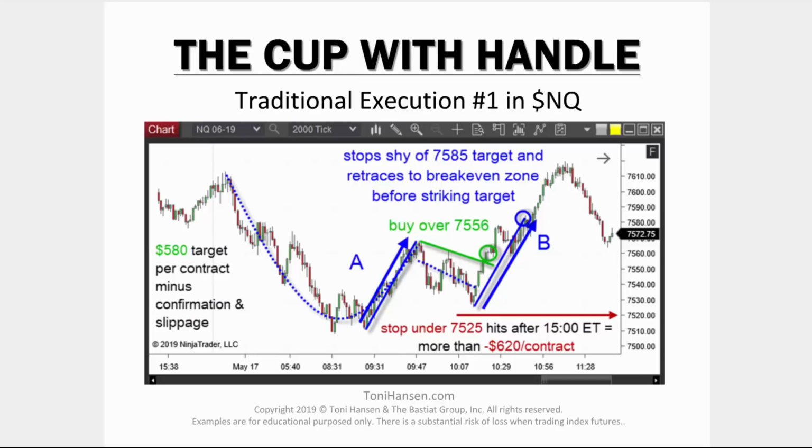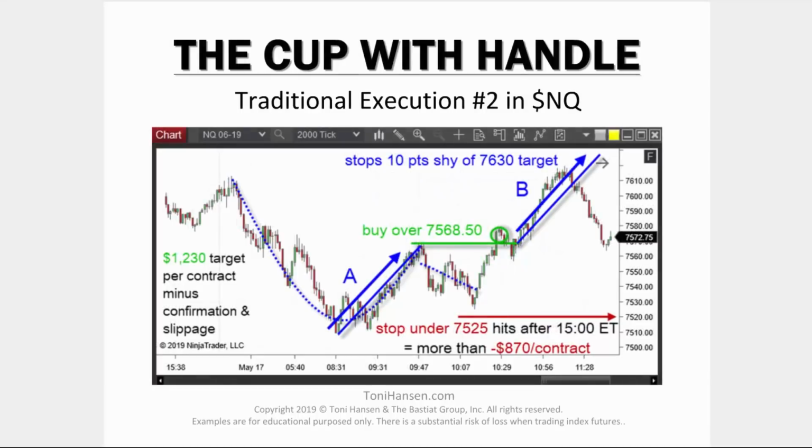This is how most traders are taught a cup with handle pattern. Another way that you will see it taught is to take a buy over the high of the handle and then look for a measured move, again, the upside swing, but then a measured move coming out of that high. So A, again, equaling B. Problem with this, again, of course, is this doesn't work very well.